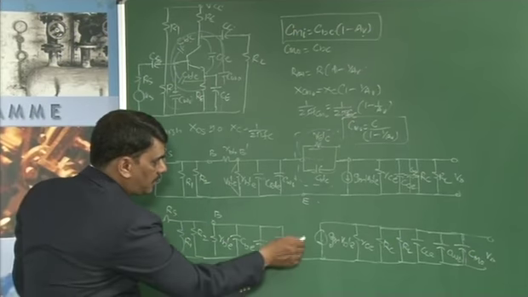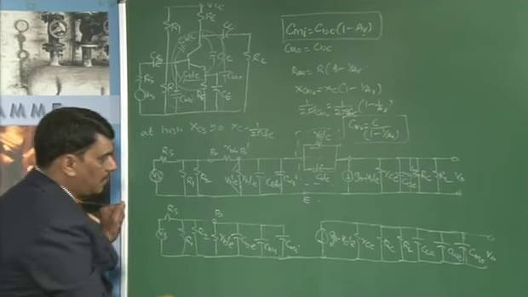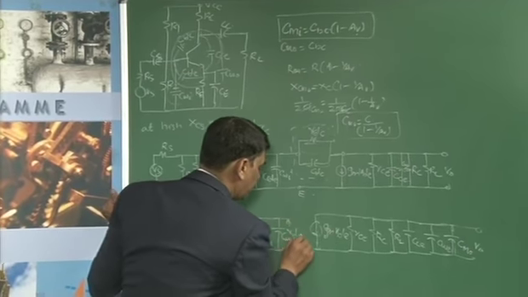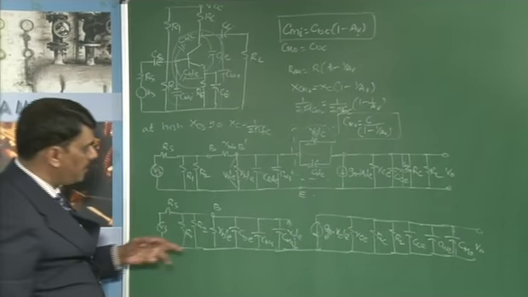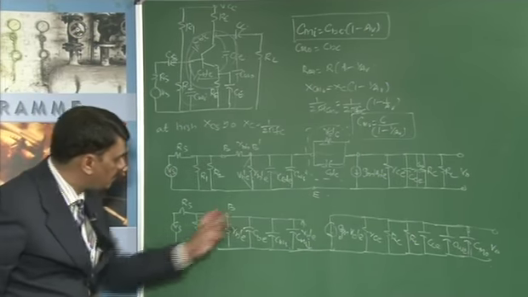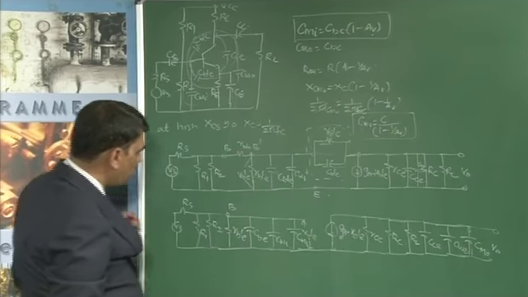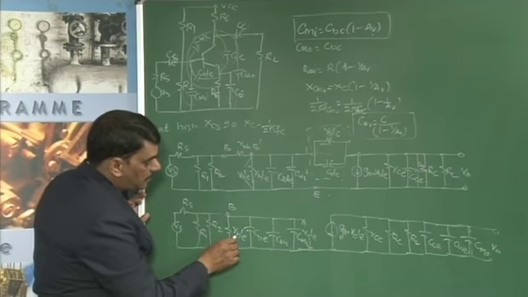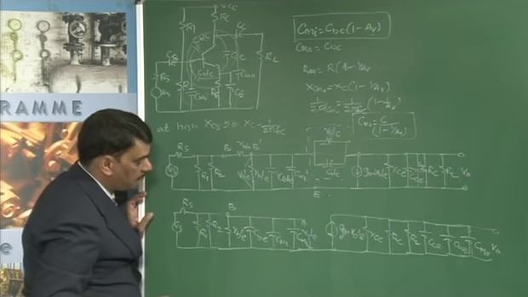This is replaced with its equivalent resistance at the input side, and the voltage drop across this is nothing but VB'E. For this we need to find, if you consider only this input side circuit, these two resistances R1, R2, which are to be replaced with their equivalent value.